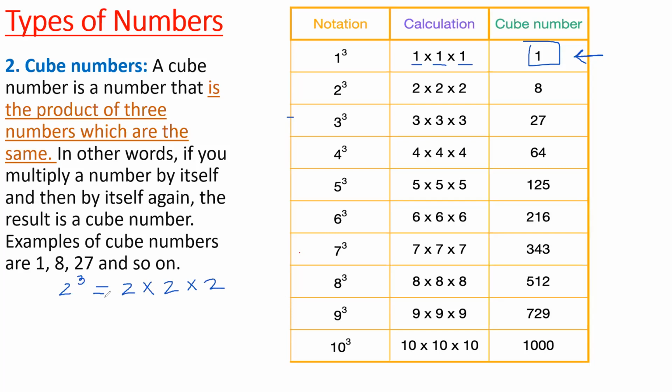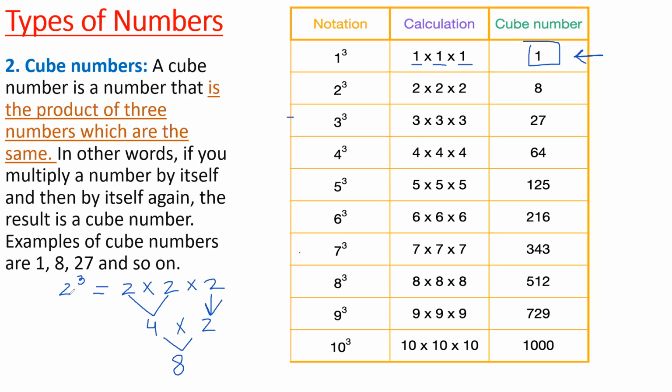So 2 cubed is 2 times 2 times 2. First, we multiply the 2 by the 2, which is 4. Very good. Then we bring down this other 2, 4 times 2, which is 8. That's what I want y'all to remember.